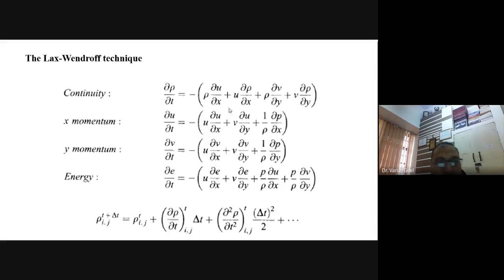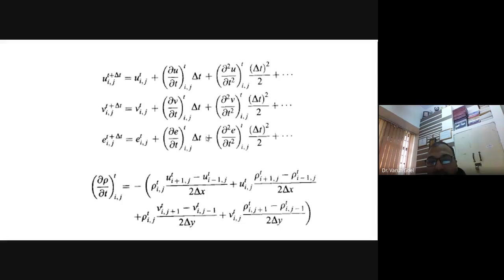By using these terms, I am able to get the solution of del rho by del t, which is minus, because the minus sign is there, rho i j t times u i plus 1 j t minus u i minus 1 j t upon 2 delta x, plus u i j t times rho i plus 1 j t minus rho i minus 1 j t divided by 2 delta x. Similarly, rho i j t times v i j plus 1 t minus v i j minus 1 t upon 2 delta y, plus v i j t times rho i j plus 1 t minus rho i j minus 1 t upon 2 delta y.